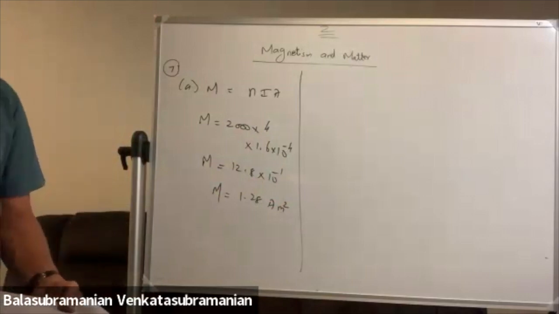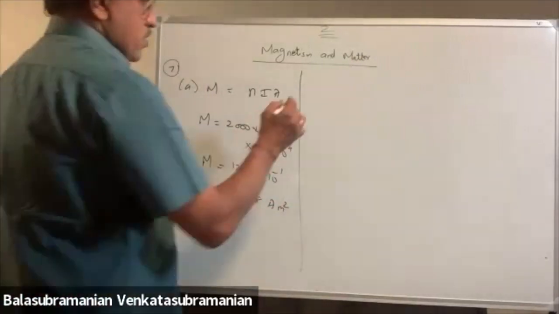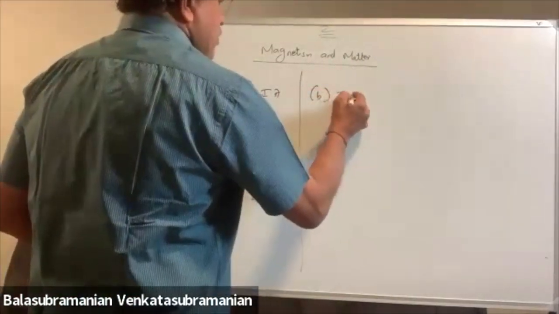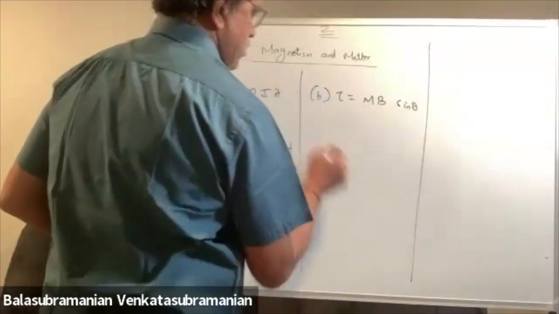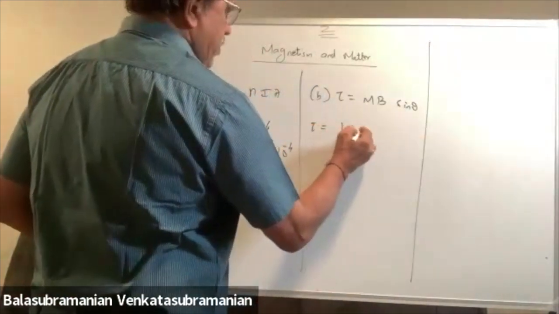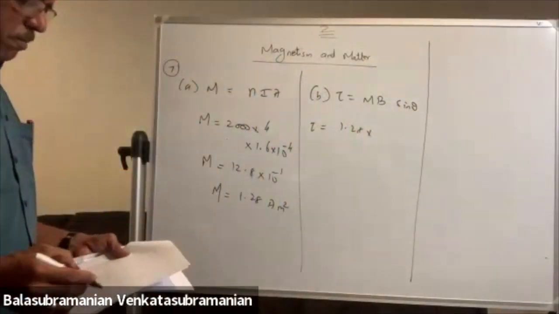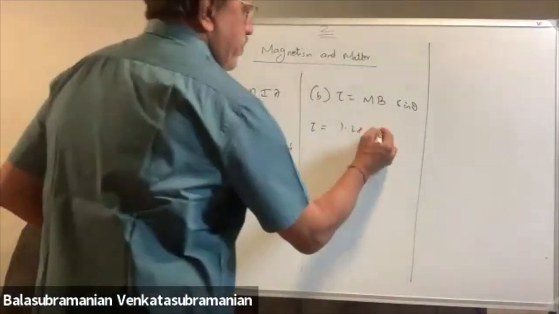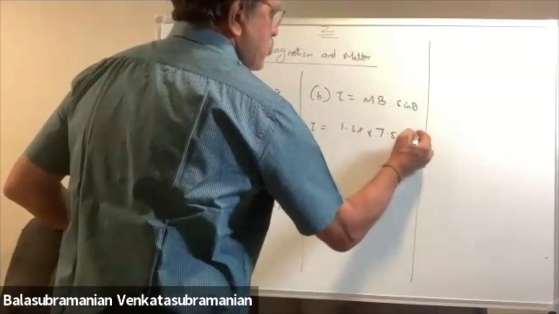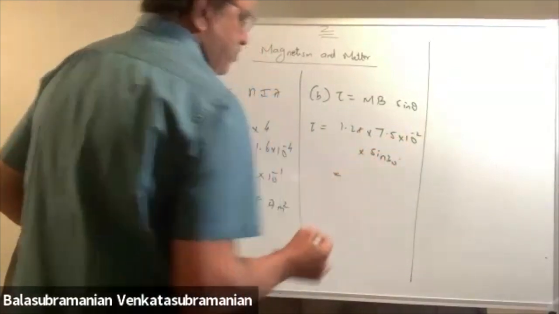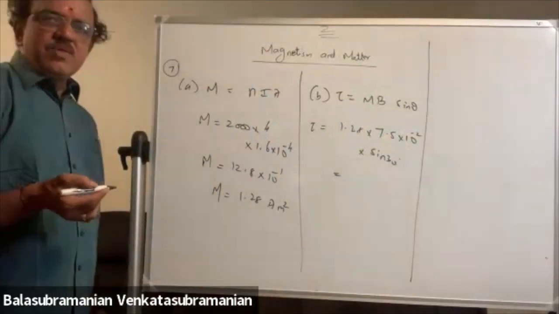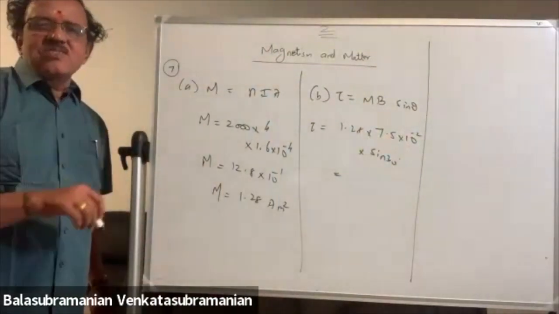Next, we have to calculate the torque. Torque tau is equal to mB sin theta. M is 1.28, B is given as 7.5 into 10 power minus 2, into sin 30, since it is aligned at 30 degrees with the axis.